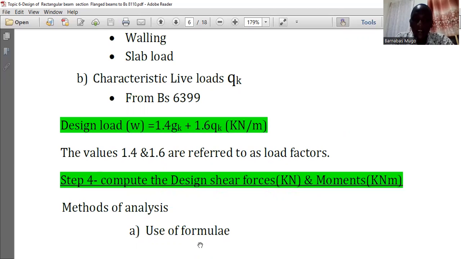In this case, we shall be using 1.4 GK and 1.6 QK. That is, 1.4 and 1.6 will be the factors of safety. We multiply 1.4 with GK to get the design load for the dead load, and 1.6 times QK to get the design load for the live load.